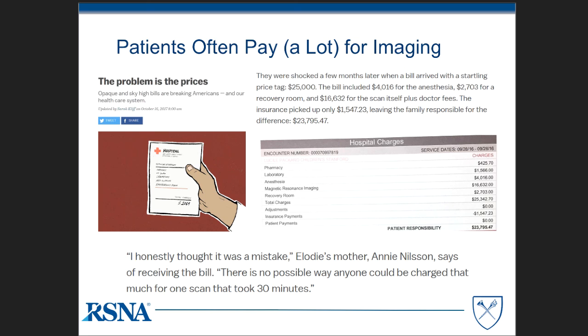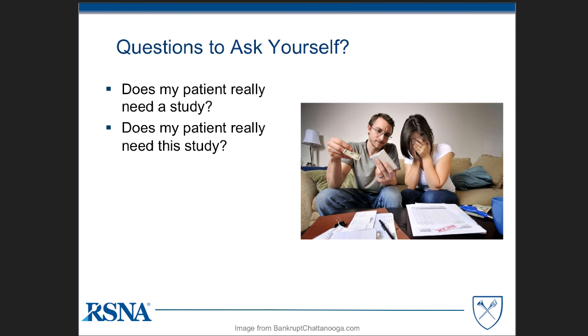The patient responsibility was almost $24,000 for an MRI. And if you're surprised by that, as a physician, it's pretty easy then to understand why the patient's family reacted the way they did. We'll continue to dig deeper into charges and costs and prices over future modules.